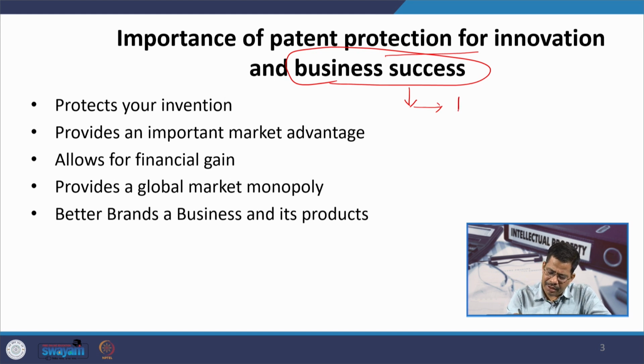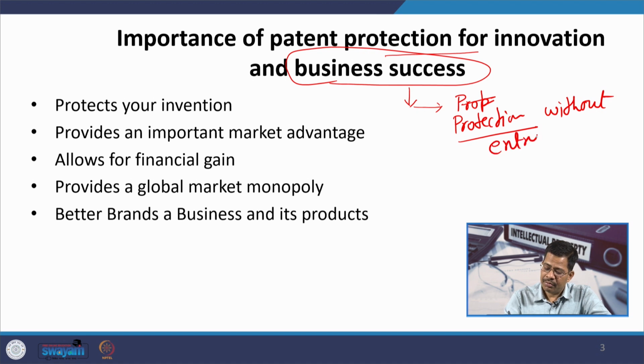So, it is going to give you the protection without entry of competitors.